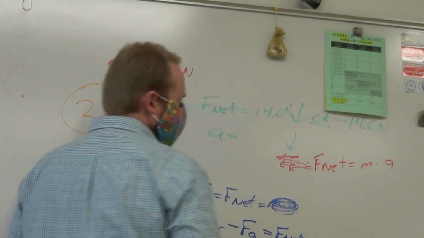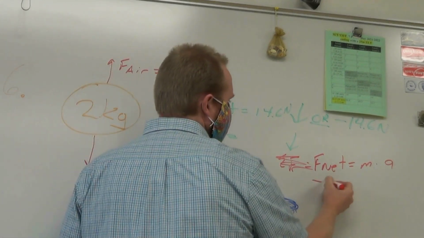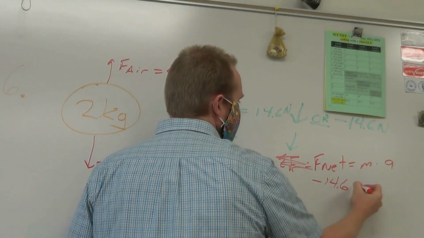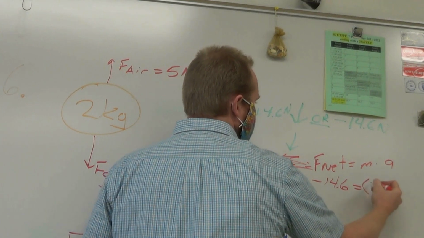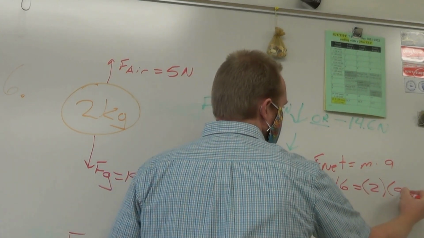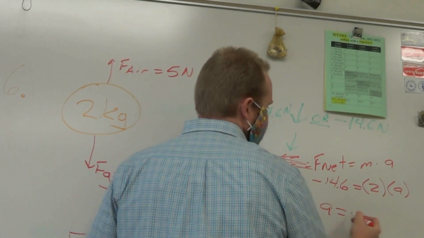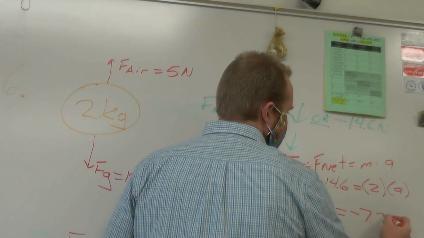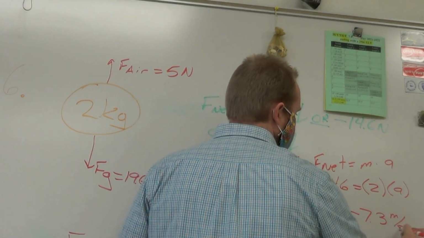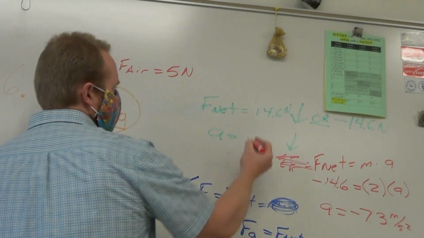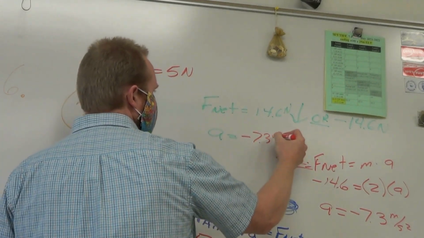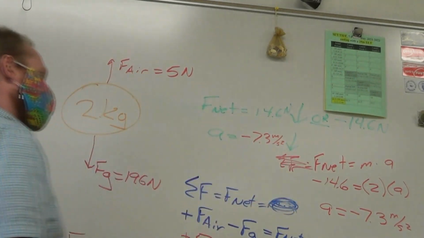And now, since we've already determined F net, I can say negative 14.6 is equal to my mass of 2 times a, and a is equal to negative 7.3 meters per second squared. So negative tells me that direction.